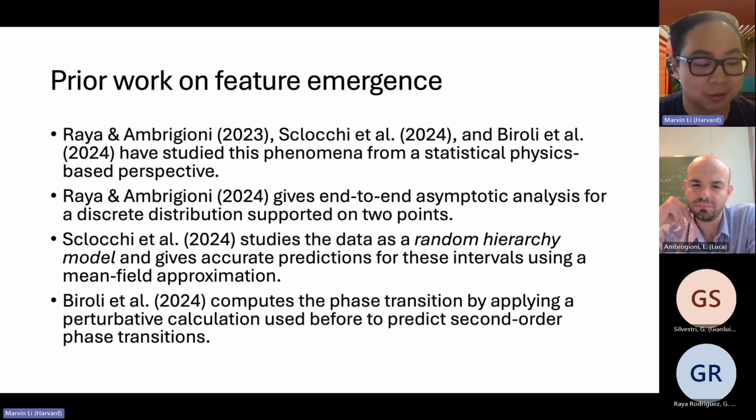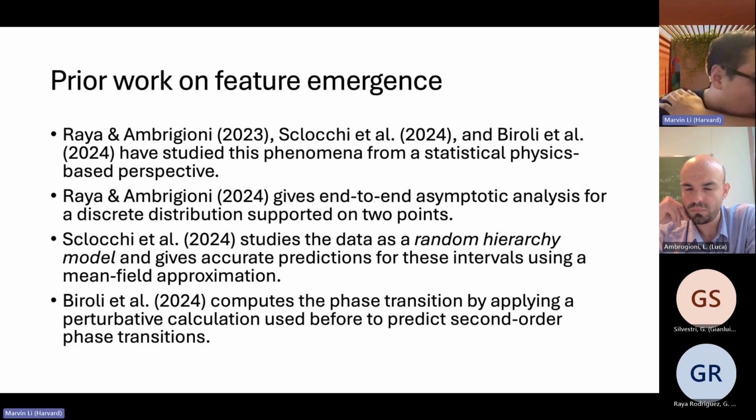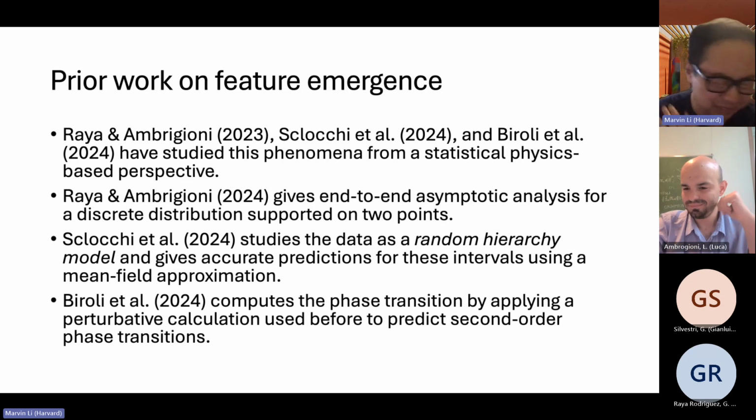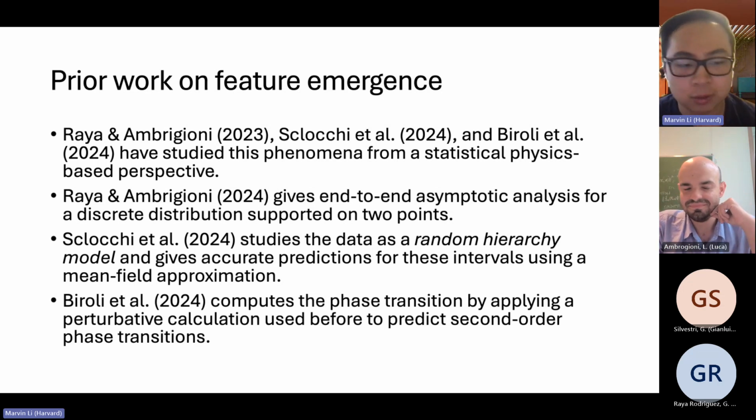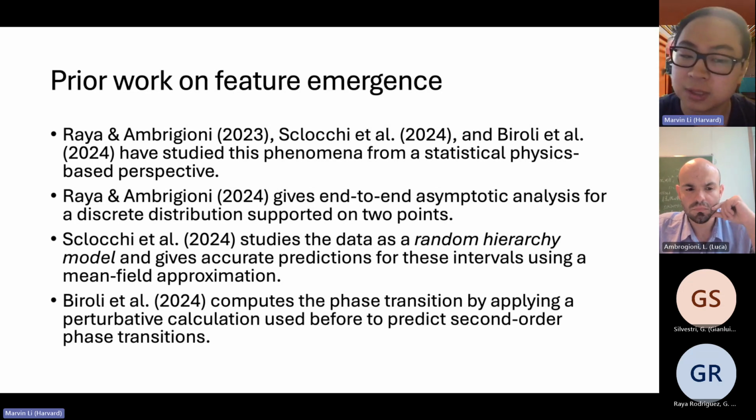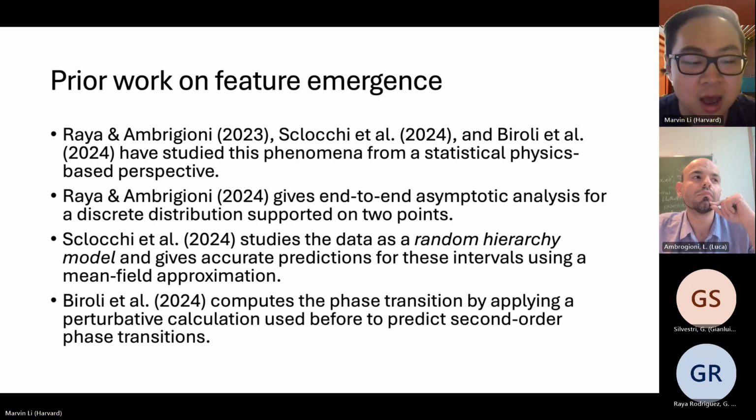Just to give a quick overview, Ryan and Biroli gave an end-to-end asymptotic analysis for a discrete distribution supported on 2 points, and they link it to flips in the signs of the Jacobian of the score. Sclocchi et al. model their data as a random hierarchy model, and they give accurate predictions for when these intervals of the denoising process occur with a mean field approximation.